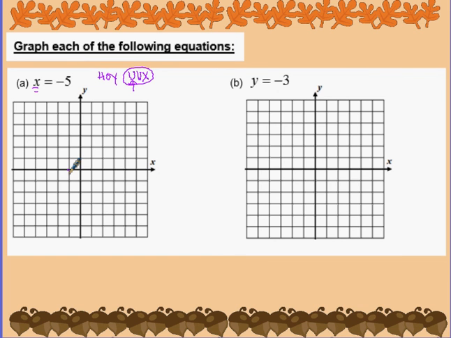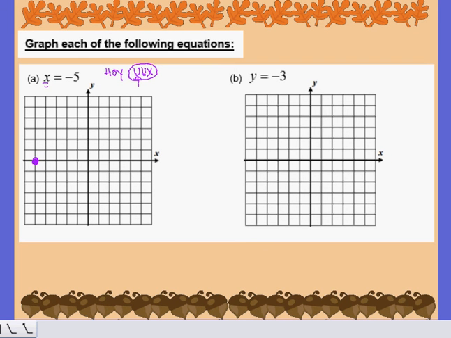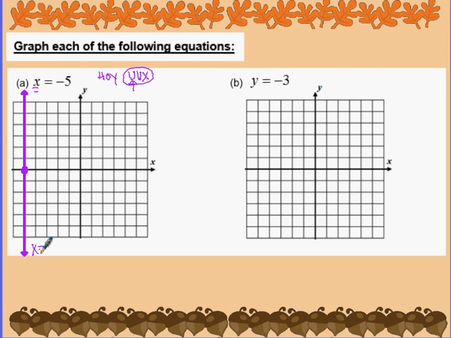I go to the x-axis, I begin at negative 5, 1, 2, 3, 4, 5, and plot a point. And now, in order to stay at negative 5, I have to create a vertical line that always has an x value of negative 5. And now I'd like to label it x equals negative 5.